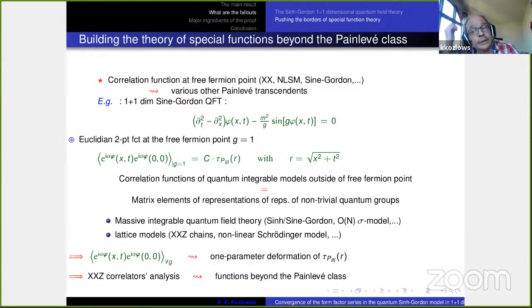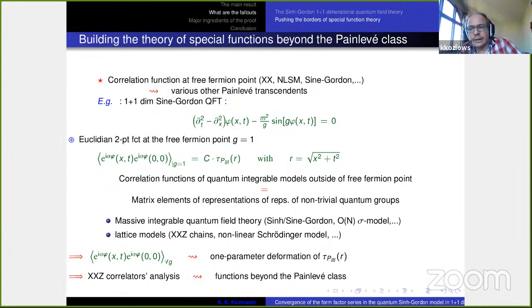So really, correlation functions outside of the free fermion point also fall into this classification or interpretation of special functions, but with the higher algebraic structure now being quantum groups. The quantum groups for free fermion equivalent quantum integrable models are very special because they are given by the deformation parameter q = i, so they are relatively simple, and that's what explains why the correlation functions take a relatively simple form, which is still in the Painlevé class.